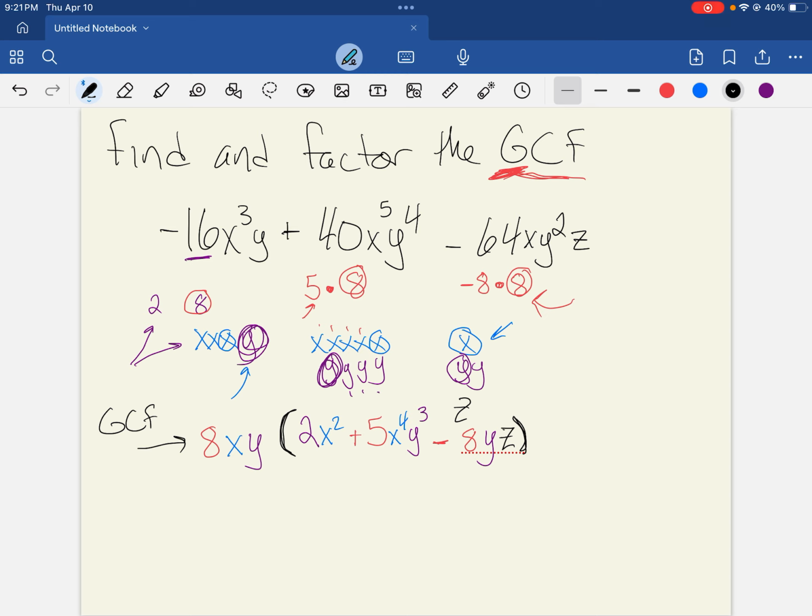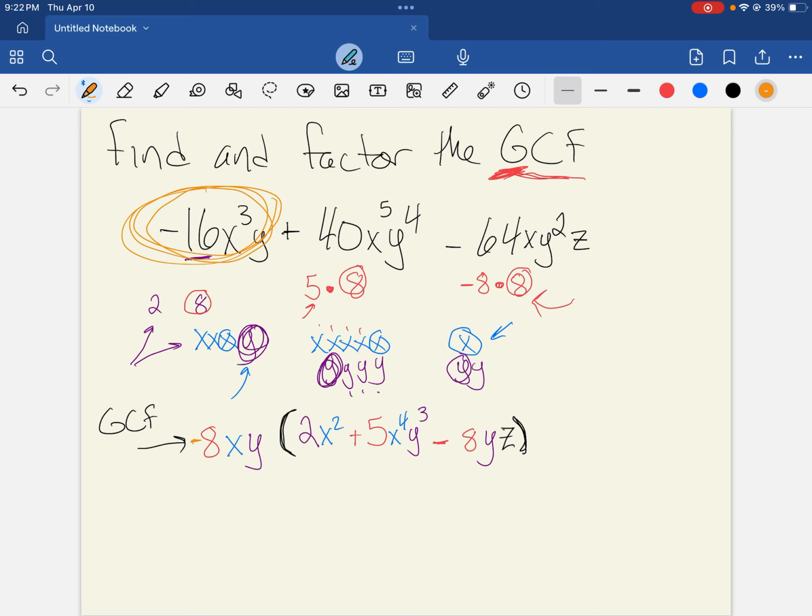Okay, now, the reason why I said, hey, I have a mistake here, and I'm going to erase this z right here so that gets out of the way of my work. This term right here is negative. Because this first term is negative, my GCF is going to be negative.